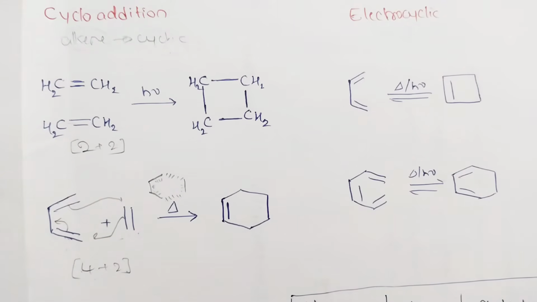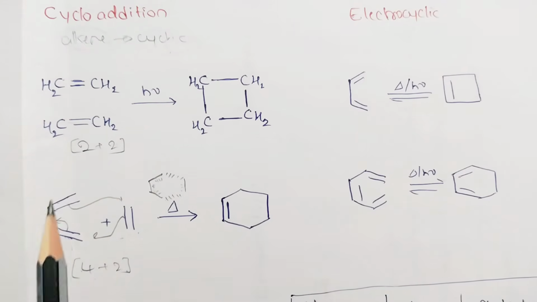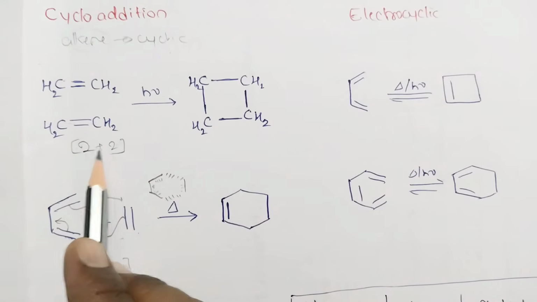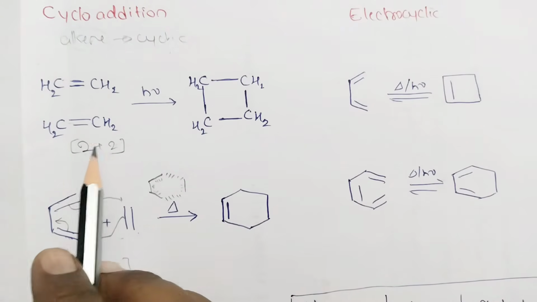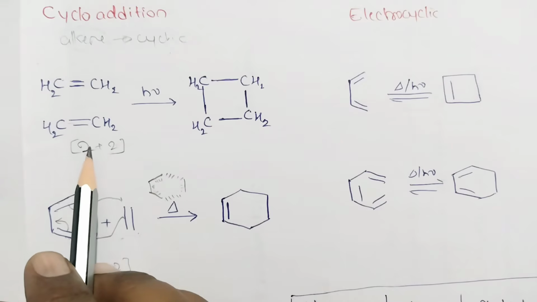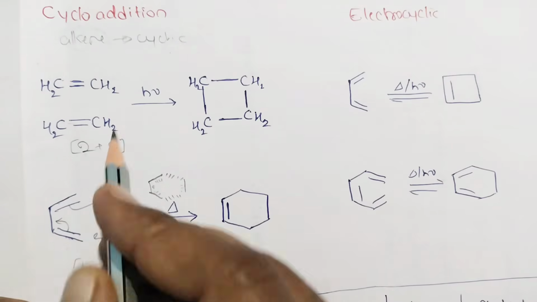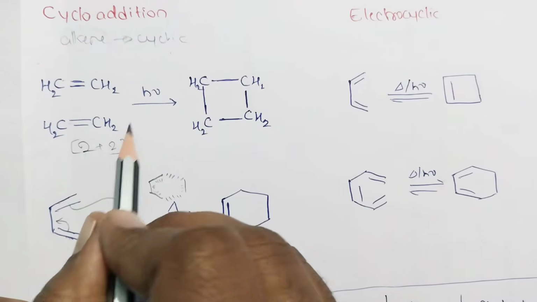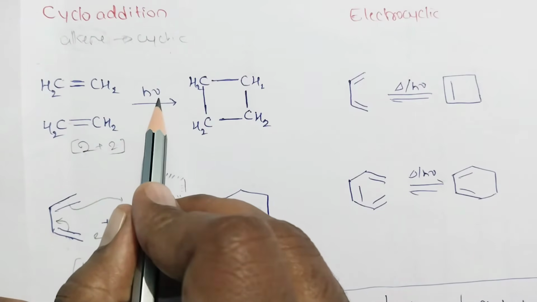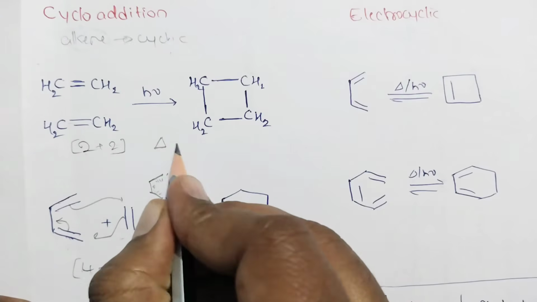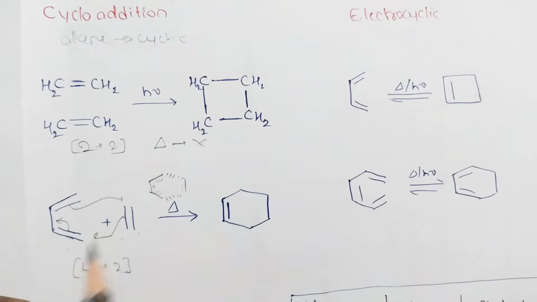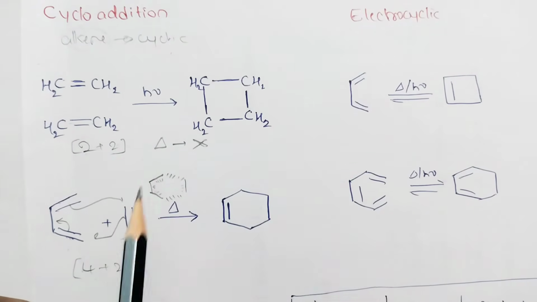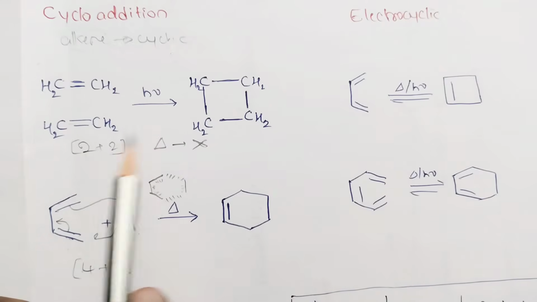There are two conditions: thermal condition and photochemical. When it is 2+2 cycloaddition reaction, according to the FMO approach and orbital symmetry theory, this reaction takes place under photochemical condition. In the thermal condition, it is forbidden.